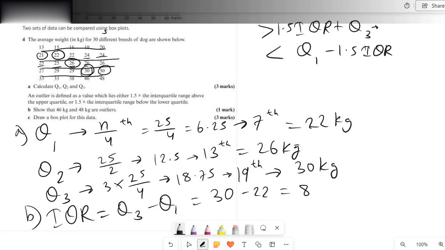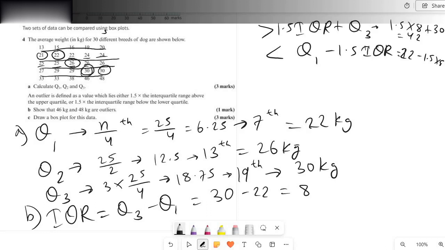Evaluating this gives us 1.5 multiplied by 8 plus 30, which is a value of 42 here. And similarly, Q1 minus 1.5 IQR is Q1, which is 22, minus 1.5 into 8.